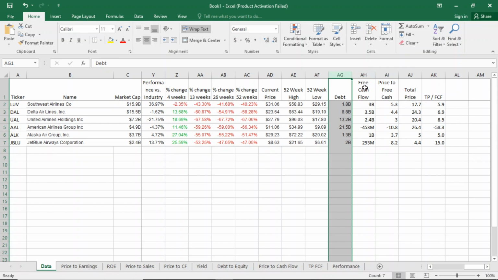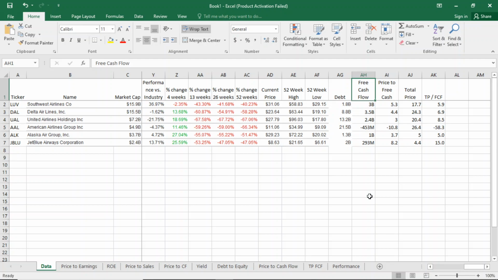Then I had to get free cash flow. The cash flow numbers that TD Ameritrade has are operating cash flow, so I had to look at the free cash flow. The cash flow that these airlines generate from taking passengers from one place to the other and paying for expenses is cash flow from operations. But it doesn't stop there.